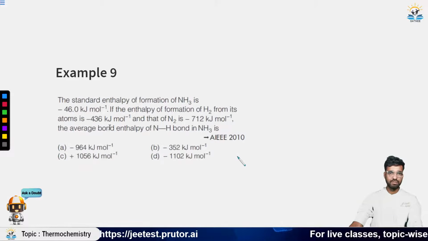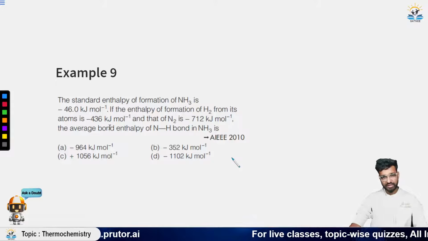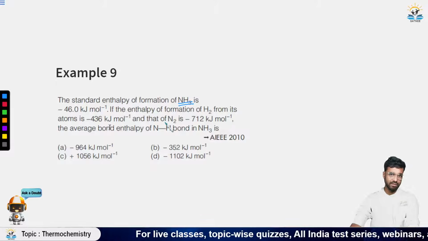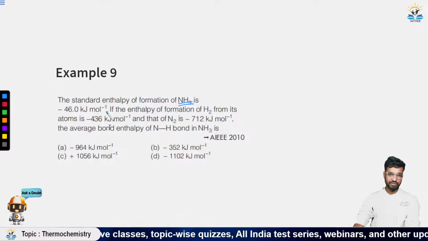Okay. Now let us move to the standard enthalpy of formation of NH3. It is given in the next question that the standard enthalpy of formation of NH3 is this much.